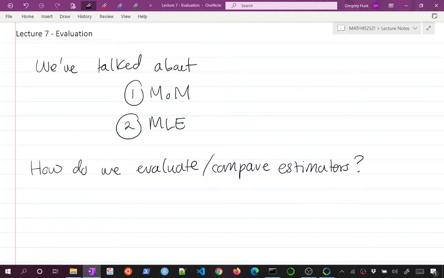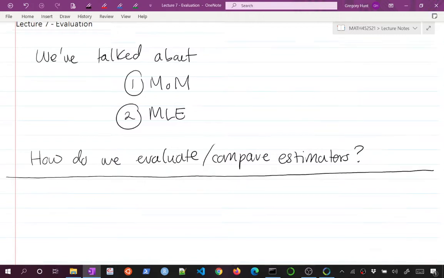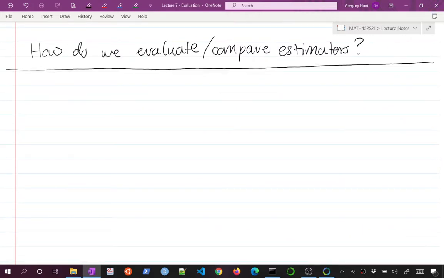So for instance, I could construct an estimator using method of moments. I could construct an estimator using the maximum likelihood principle. And the question is, how do I compare or evaluate these estimators? Which one's going to be better? And this is a question that has fascinated statisticians for a while, and there's been a fair bit of theory developed here. And we're going to talk for the next several lectures about how we do this.